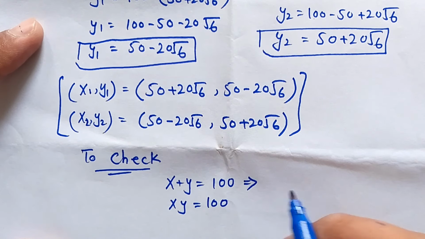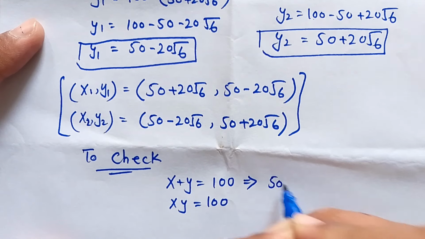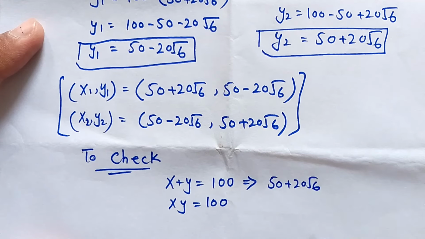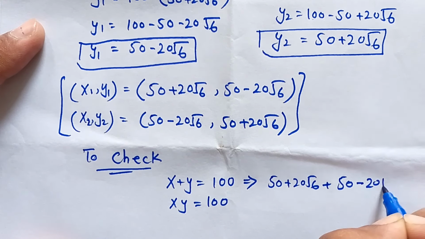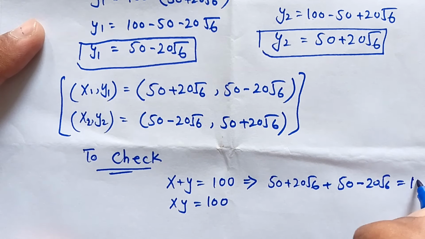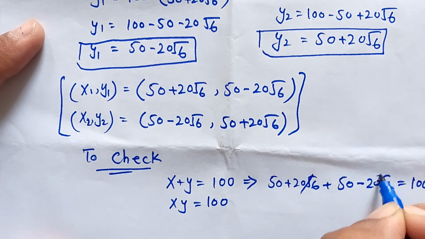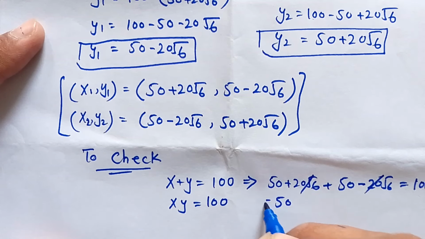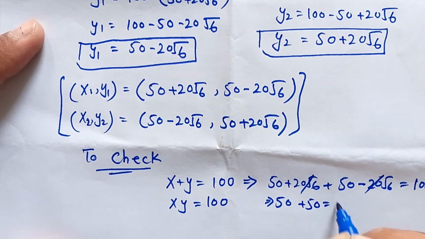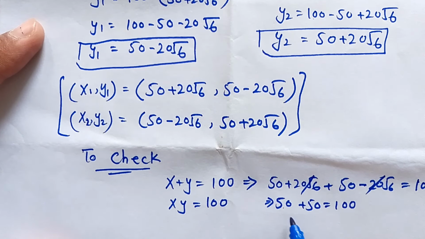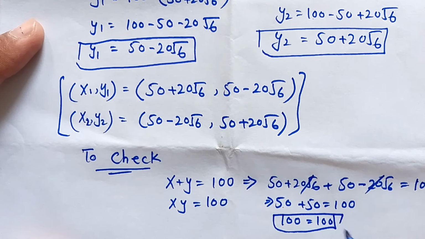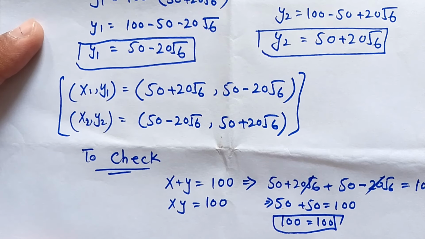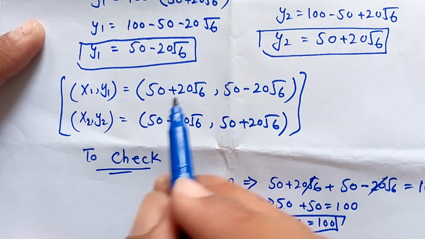Here x is equal to 50 plus 20 square root of 6, plus y is equal to 50 minus 20 square root of 6, which is equal to 100. Now this cancels with this, so 50 plus 50 is equal to 100. So this shows that the values of x and y are correct for this interesting question.